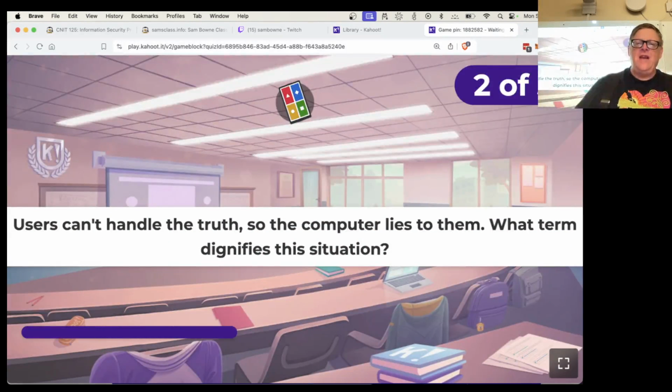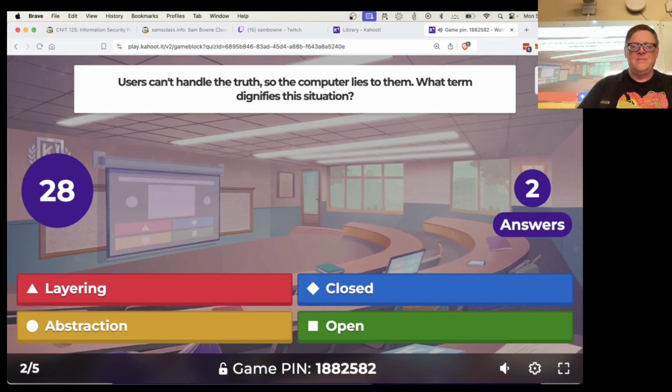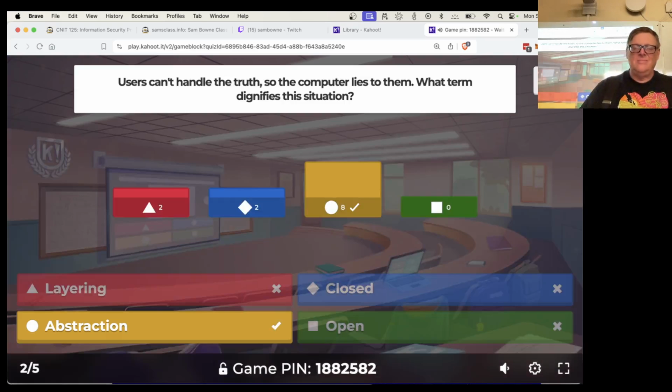Users can't handle the truth, so the computer lies to them. What is the term describing this situation? That's abstraction. You show them a picture of something like a folder and files, and what's really going on is more complicated, but they don't need to know that.